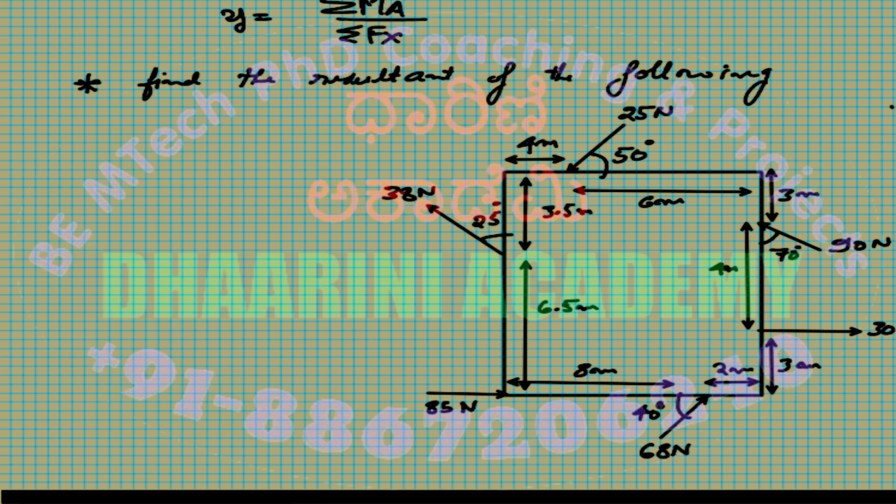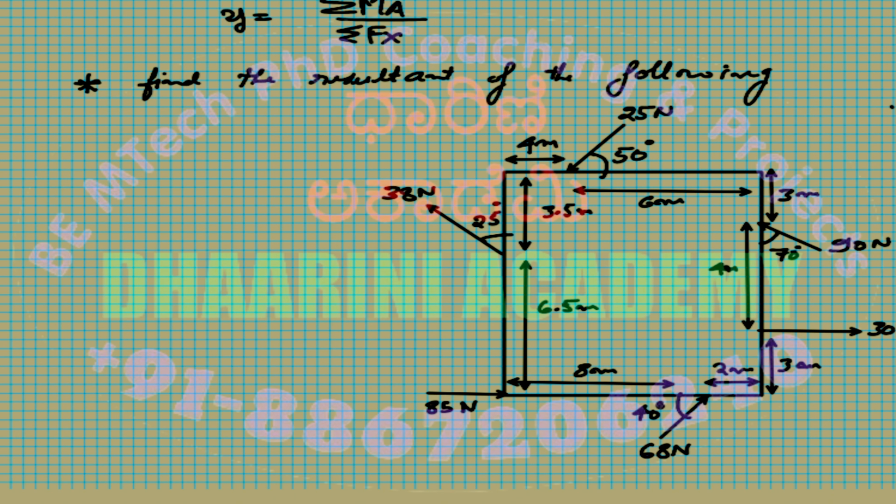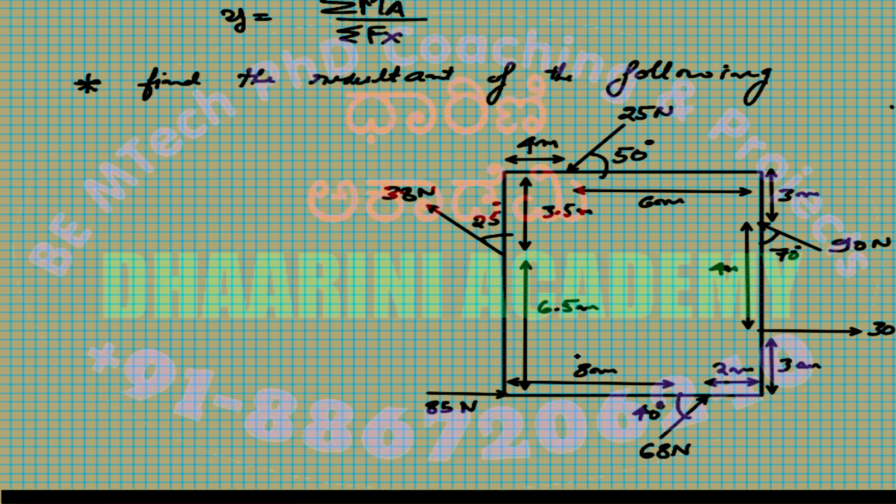So we have to find the resultant of this system. It looks like a pretty complicated diagram, but the solution is very simple and straightforward. When this force system is given, you have to take any one point with respect to which you find the resultant, because the resultant is with respect to some point.